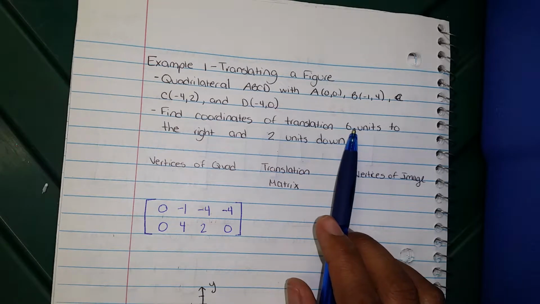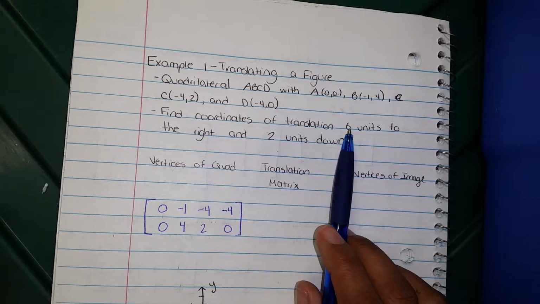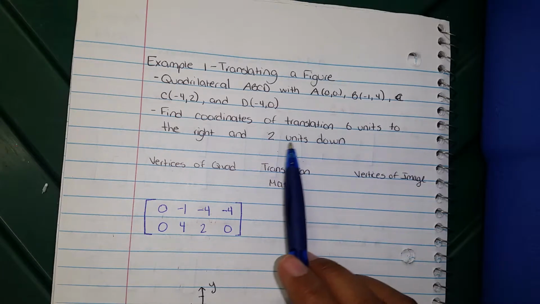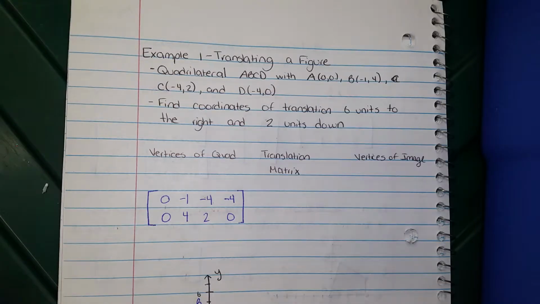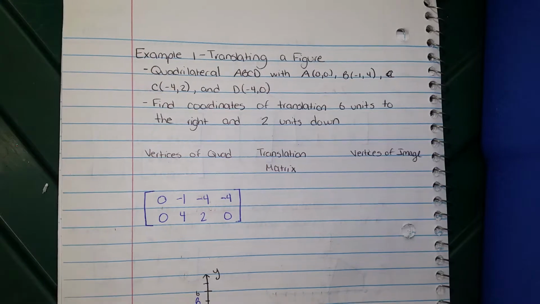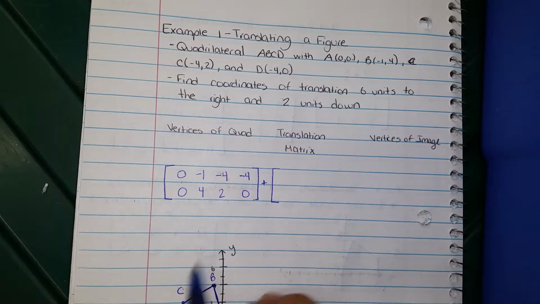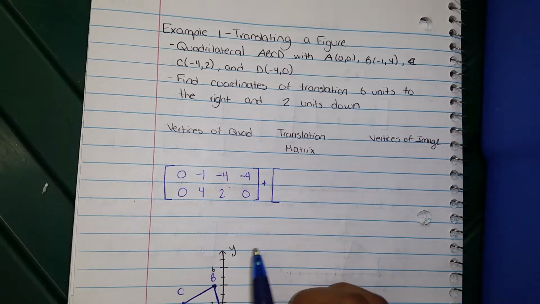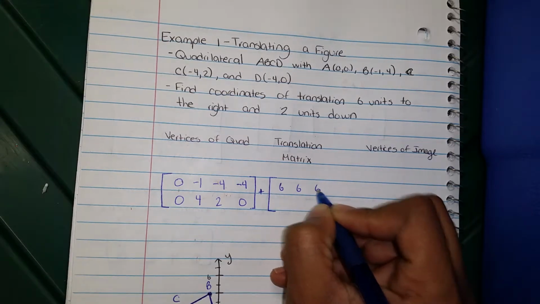If I'm moving 6 units to the right, my x values are going up, because in my coordinate plane, when I go to the right, I'm increasing my x value, which means that I'm going to be adding to each of these x coordinates. I'll be adding 6 because I'm moving 6 units to the right. So it's going to be 6, 6, 6, 6.